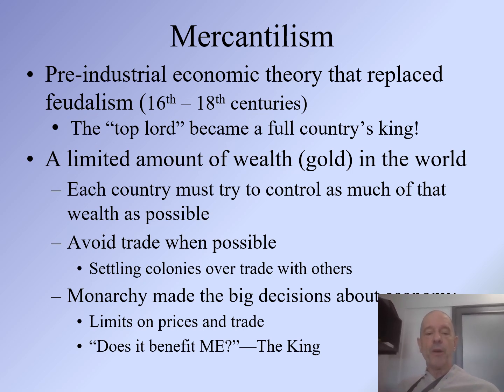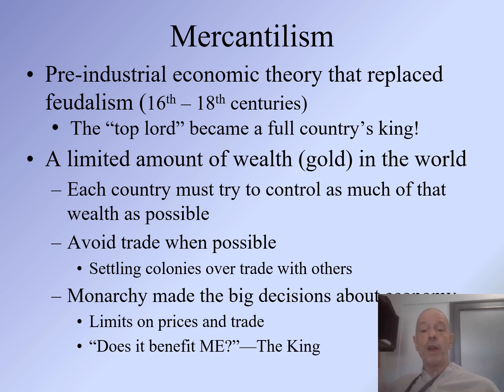Here's the key. The monarch, the king, makes the main decisions about the economy. In other words, you might be a wealthy landowner producing wheat on your farm, and you say, you know what? I can only get 20 French francs per bushel here in France, but there's a shortage in Spain.